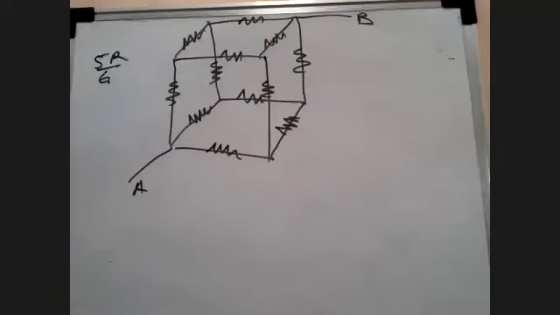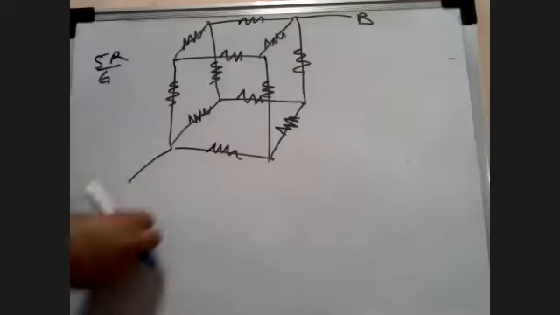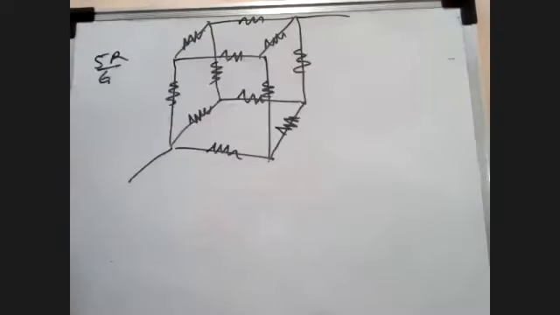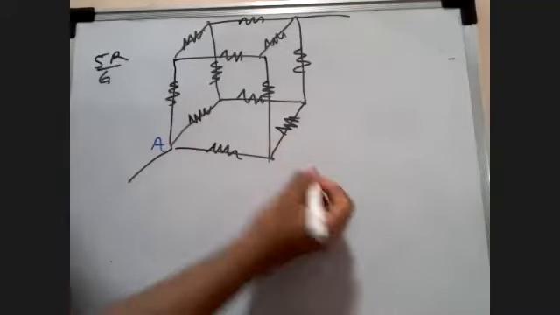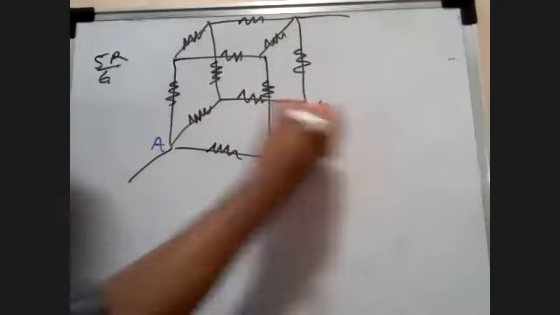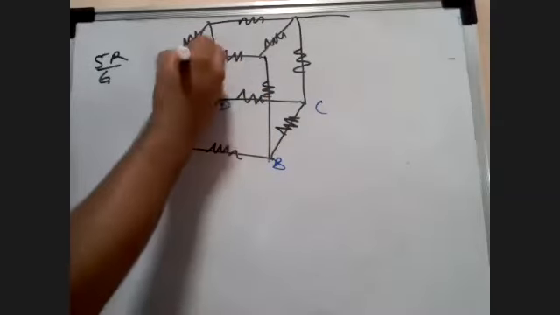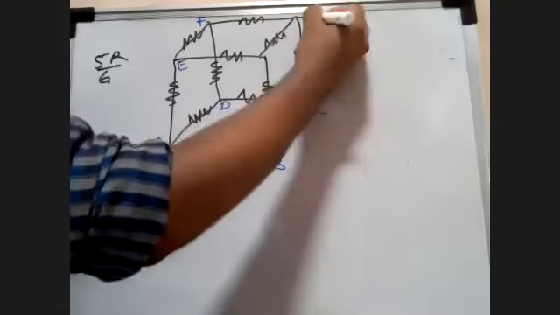Okay, so to solve this sum, first you denote it with all the names. That is, forget this A here. Forget this B here. Let's say this is A, this is B. Okay, whatever. C, D, E, F, a G over here.